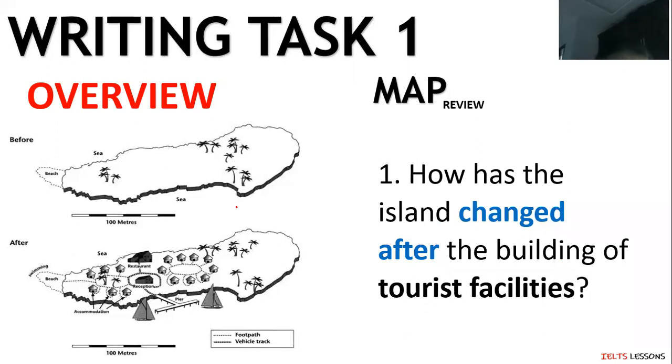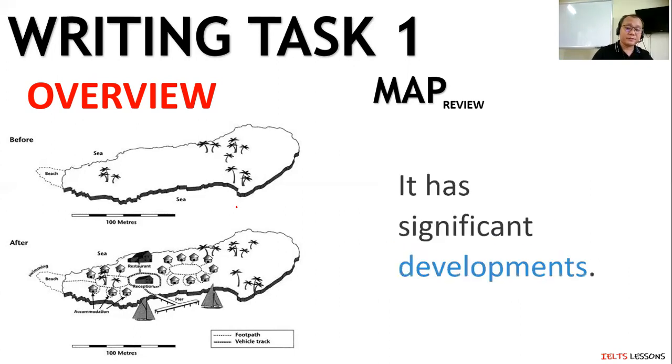Yes, it has developed. The island has become more convenient for people to live in, with lots of services. Very good. So it has developed significantly, right? There is a significant development, or a dramatic improvement in the island after building some tourist facilities. Very good, perfect.